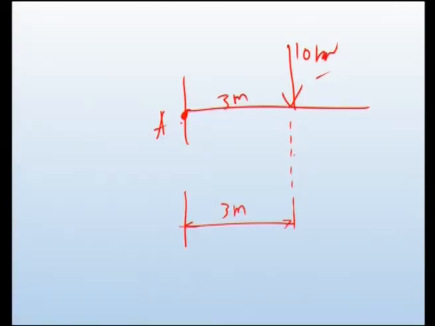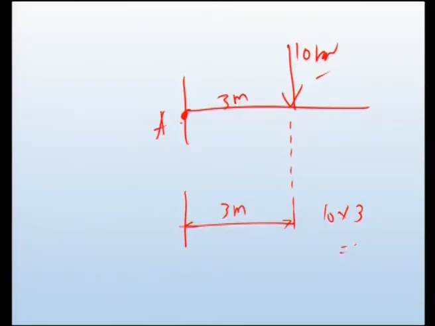So, the moment produced by the 10 kilonewton load about point A will be 10 multiplied by 3, so 10 into 3, which is 30 kilonewton meter. The unit is kilonewton, and it acts over a length of 3 meters, so kilonewton meter.